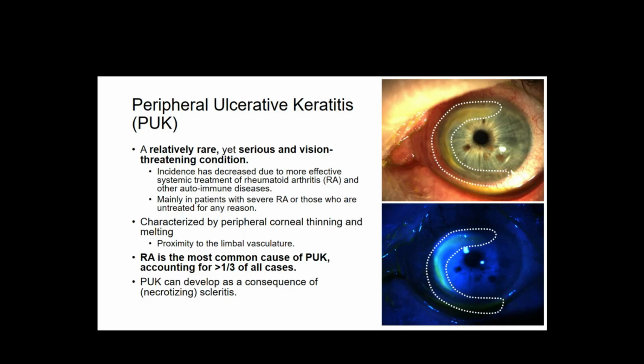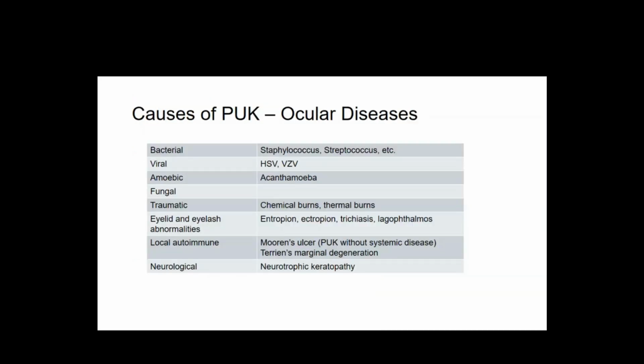It can also be combined with severe necrotizing scleritis, also related to systemic autoimmune disease. Nevertheless, when we see a peripheral ulceration, we should not forget other possible causes, as different other conditions may lead to peripheral lesions, especially infections.